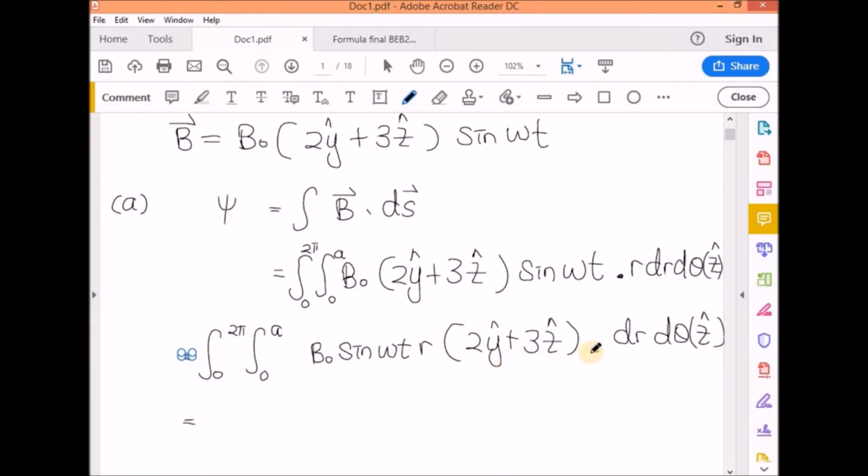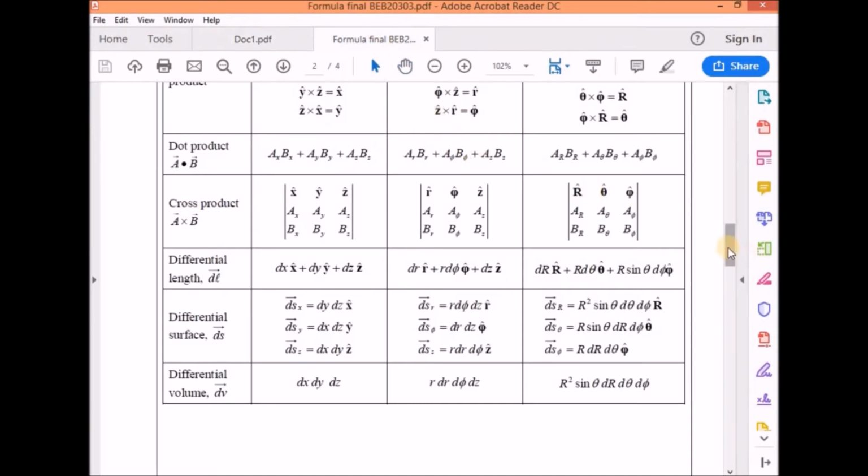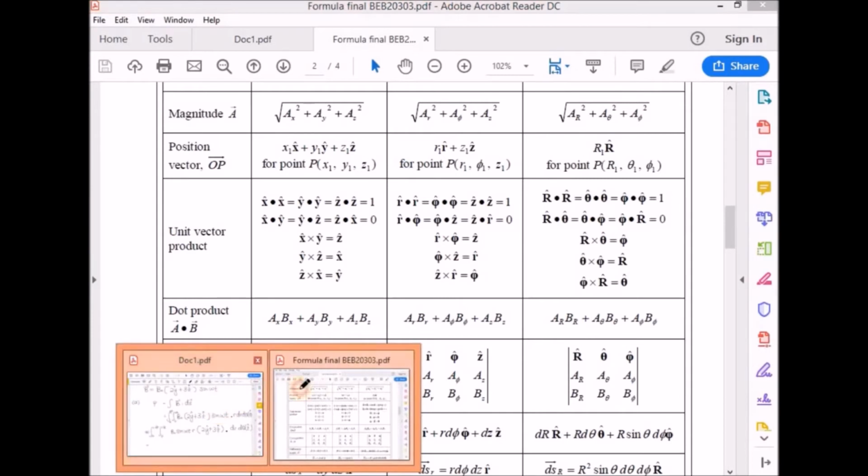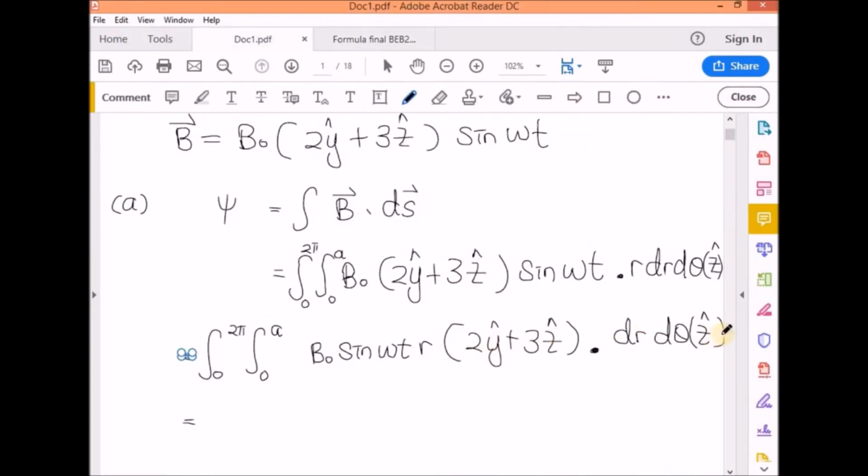This is dot product, not cross product. If you forget, look at this one. What will happen if you dot product vectors that have different directions? 0, right? Only when you dot product vectors with the same direction will you get 1. When they are 90 degrees apart, it will be 0.